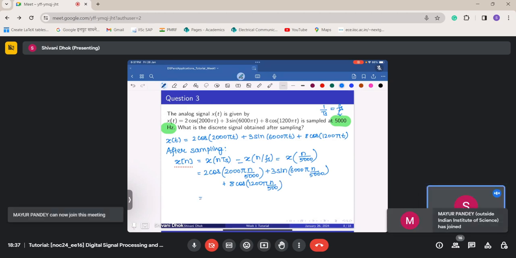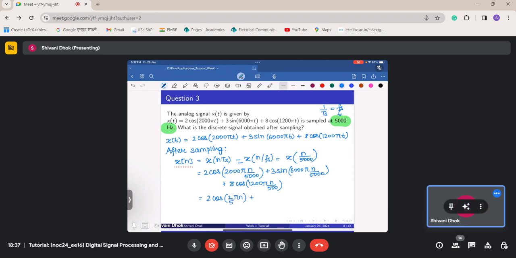So this I can simplify as 2 cos of 2 by 5 pi n plus 3 times sine 6 by 5 pi n plus 8 times cos of 12 by 5 pi n. Simple question. Any doubts?